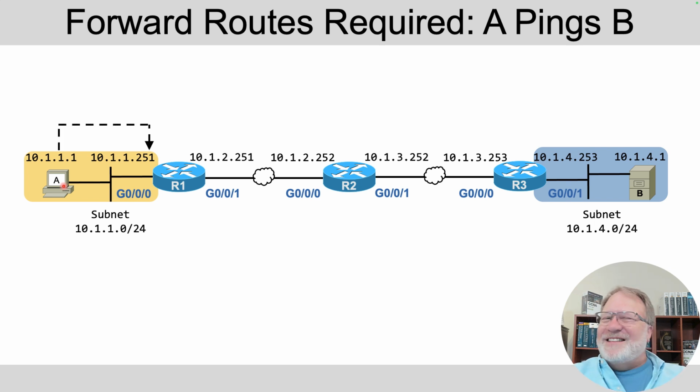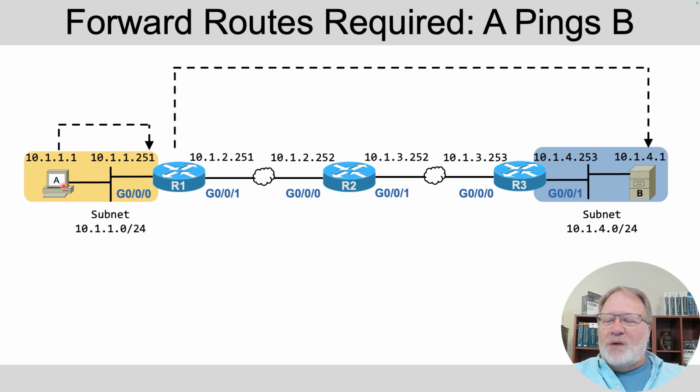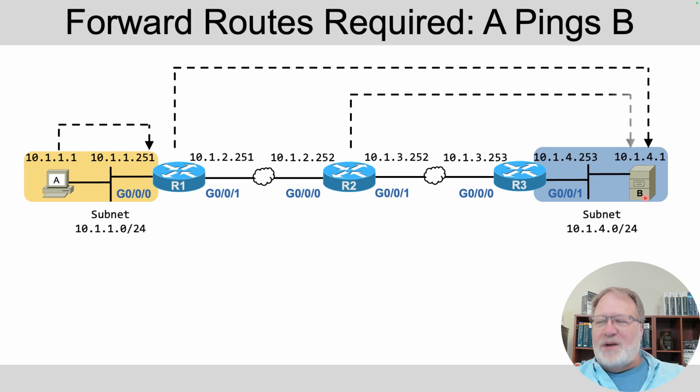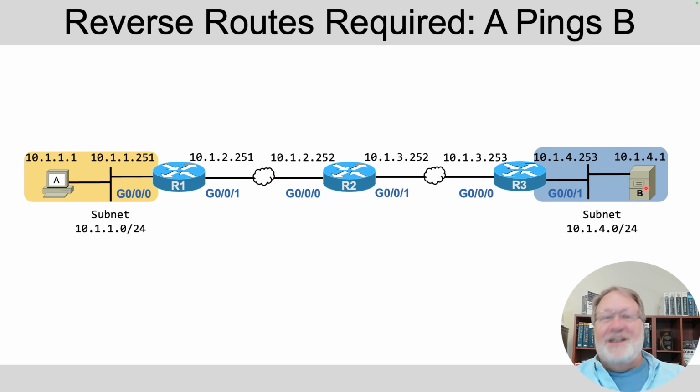So we're testing A's default router setting. And then R1, we're testing its route that would match host B's address. And then router R2, we're testing its route to forward packets to host B's address. And we're testing R3's route to host B's address. And that's not all. For this one ping to work from A to B, B's got to send the echo reply back.